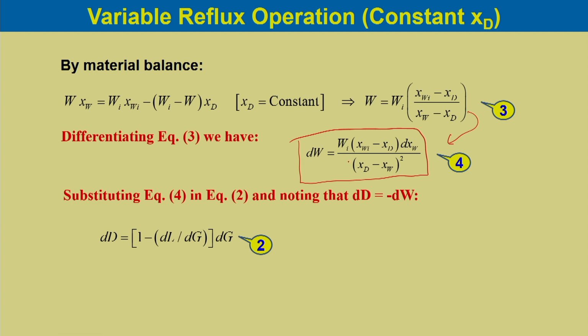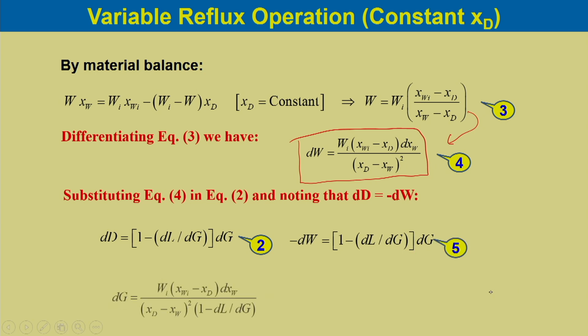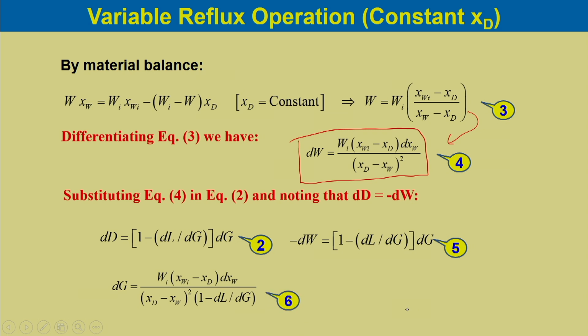So, minus dW would be equal to (1 minus dL by dG) into dG. This is equation 5, and if we substitute this, dG would be equal to Wi into (xWi minus xD) into dxW divided by (xD minus xW) square into (1 minus dL by dG). So, this is equation 6.